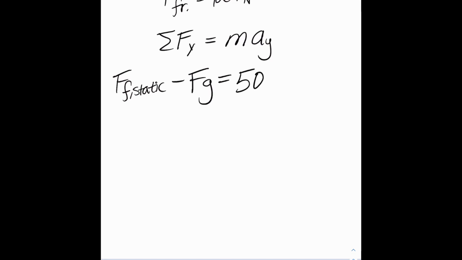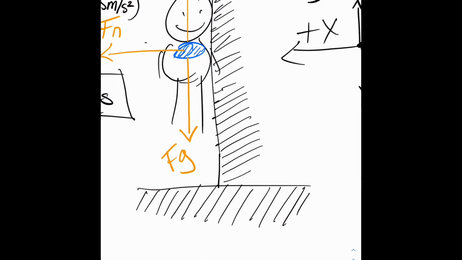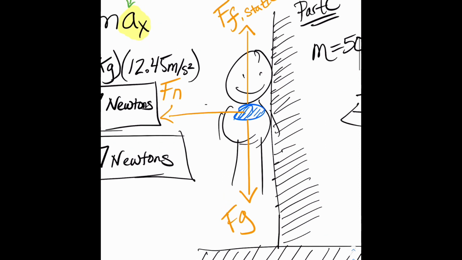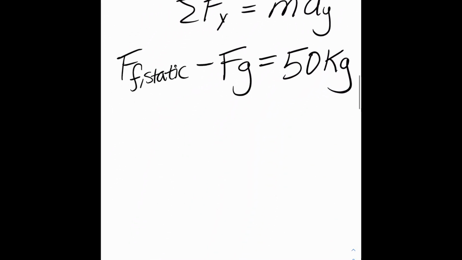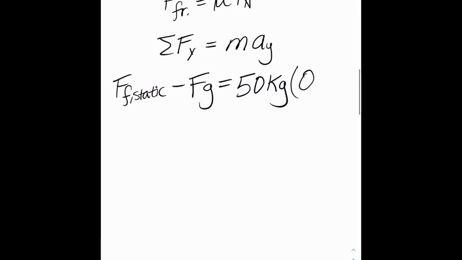Mass is going to be 50 kilograms. Acceleration here, into the center, it was 12.71 or 12.45. But in the y direction, the person's not speeding up or slowing down, so their acceleration is going to be 0 in the up or down y direction. So coming back to this, let's go ahead and label ay.